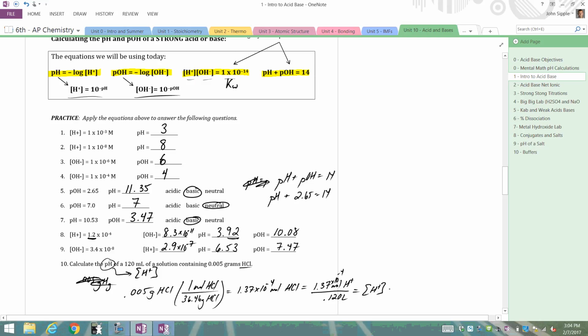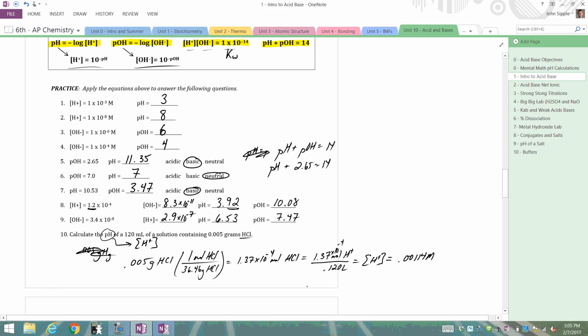And that is equal to 0.00114 molar. So then all I need to do is to find the pH. That's equal to minus the log of 0.00114 molar. And pH is equal to 0.94. There we go.